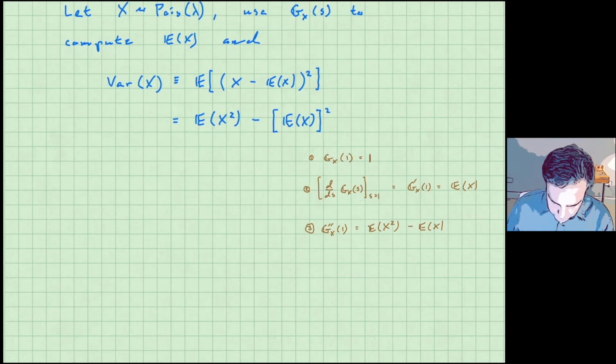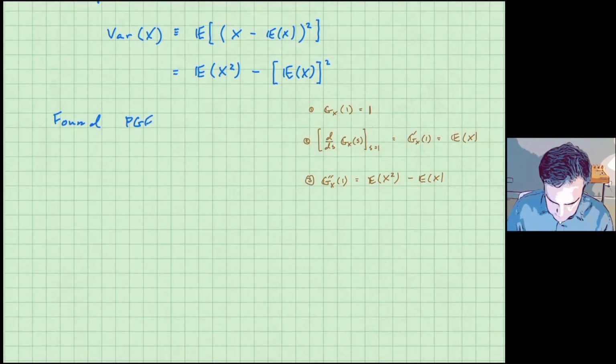Okay, so for the first thing we're going to do, we found before the actual probability generating function for a Poisson distributed variable, and so we're just going to use that. So we found the PGF, and that looked like this.